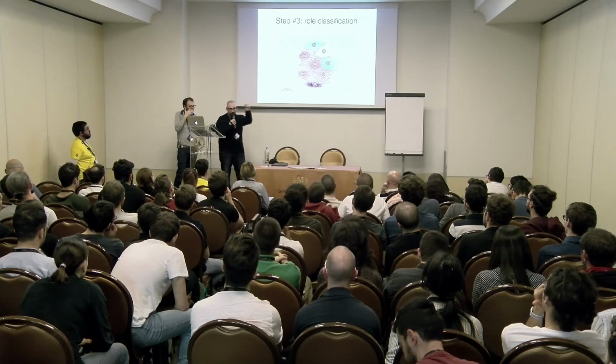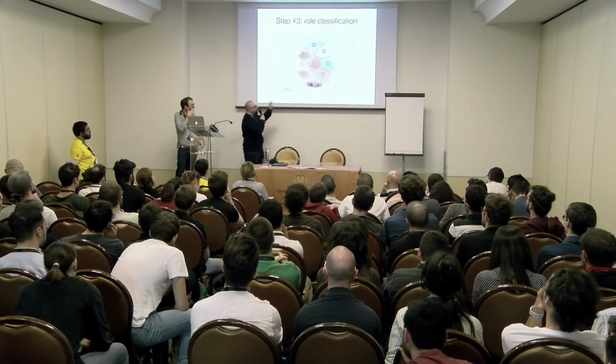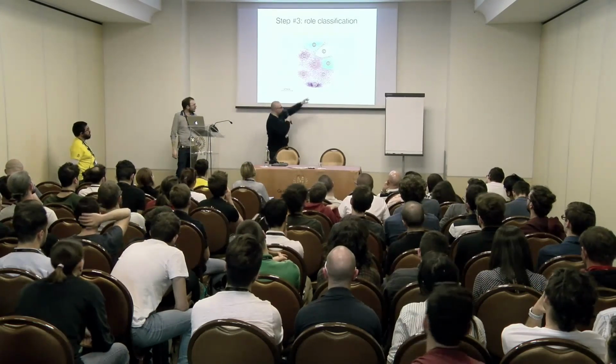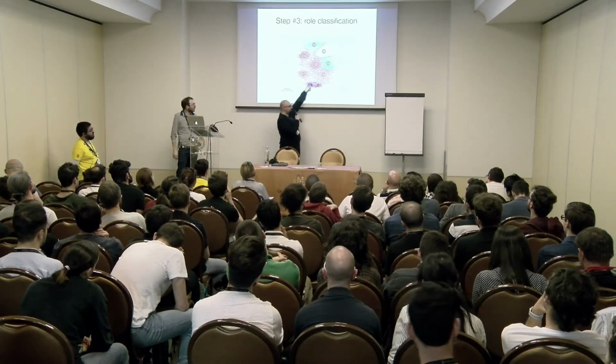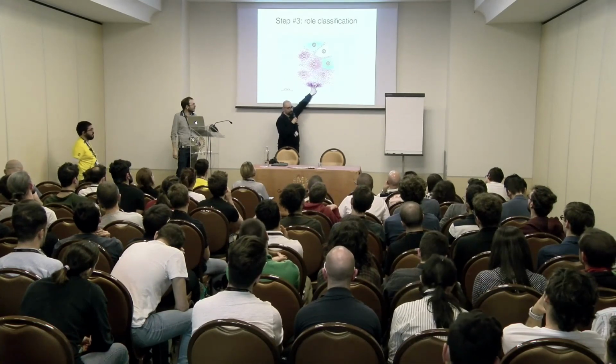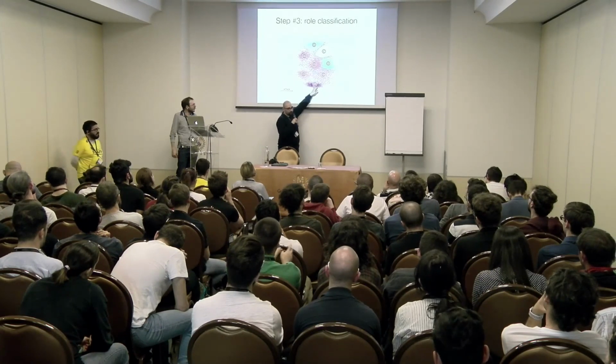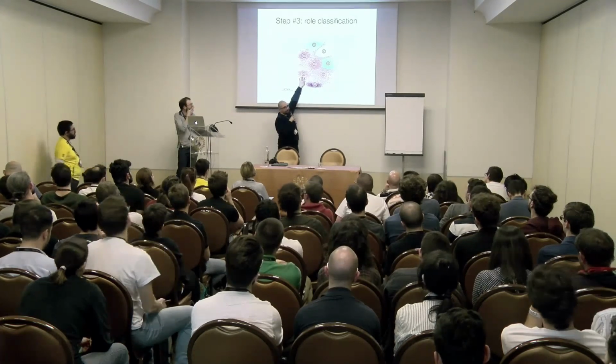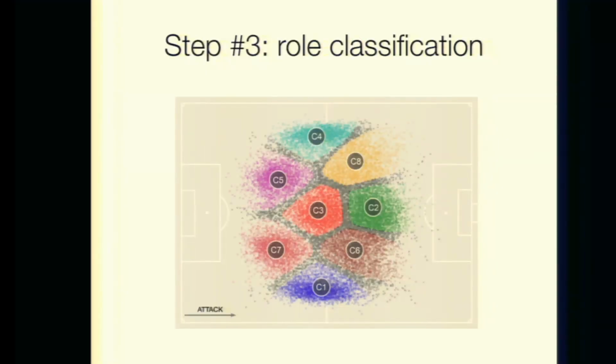Yeah, let me add just one bit of information. Another possibility is to recursively apply the clustering within each role to obtain sub-roles, for example to obtain sub-C7 or sub-C5 roles. Interestingly, here we use the average position of a player.